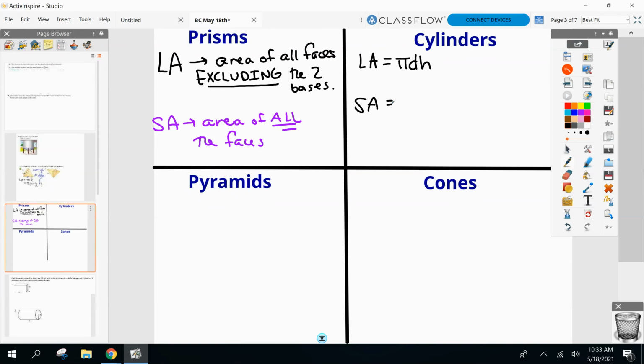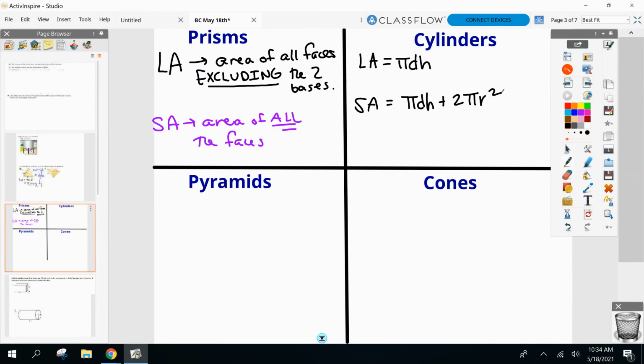The two bases, which are in what shape? Circle. So it should just be that lateral area, which maybe you memorized, plus, now I'm putting two circles back on the cylinder. So 2 pi r squared. To me, I would only remember the lateral area, because if you understand what surface area is, you're going to know that formula.